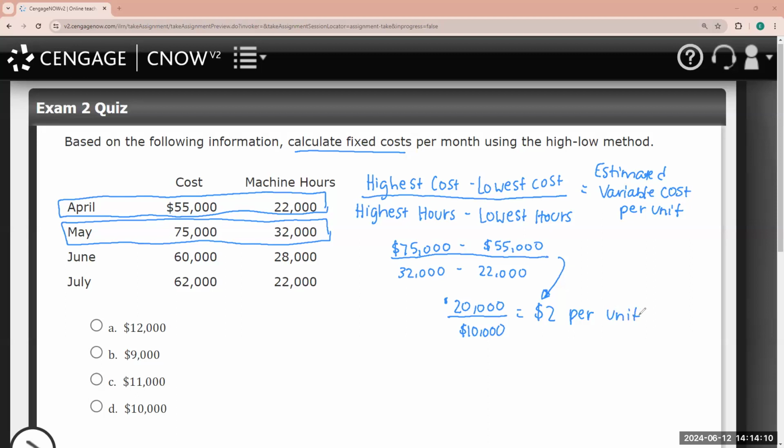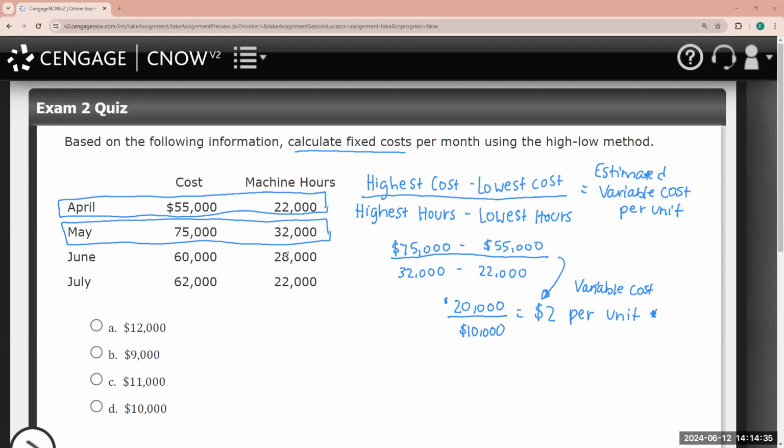Now for this problem, it's essentially asking us again, what are our fixed costs for the period? So we determined that it's $2 per unit. So now we need to determine what our fixed cost is. We know our total cost and we know our variable cost per unit, which is $2.